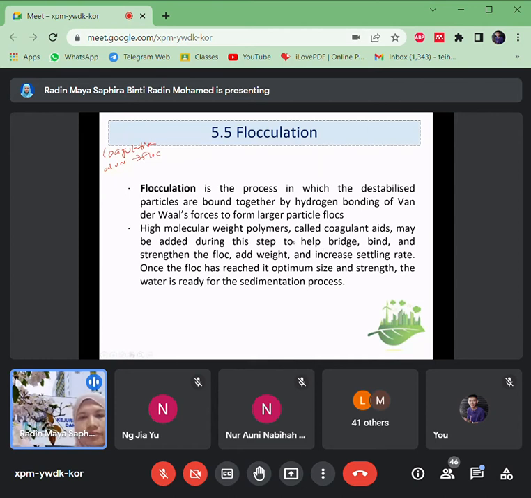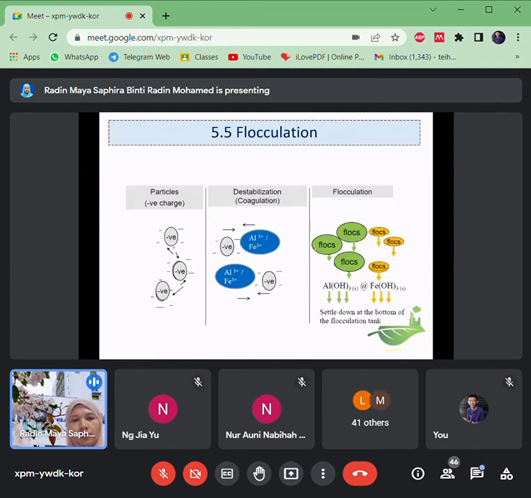We want to enhance their bonding. The process is a bonding by van der Waals forces to form a very large particle. If it is large, it is good, because when it is heavy it will easily settle. So this is the process.